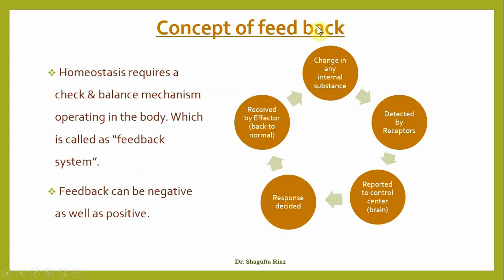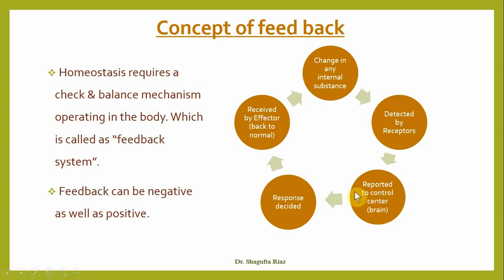Now, the concept of feedback. Homeostasis requires a check and balance mechanism, which is called the feedback system. And how it works: whenever any change occurs in the internal environment, this change will be detected by some organs which are called receptors, and these receptors report the change to the control center, which is the brain in higher vertebrates.